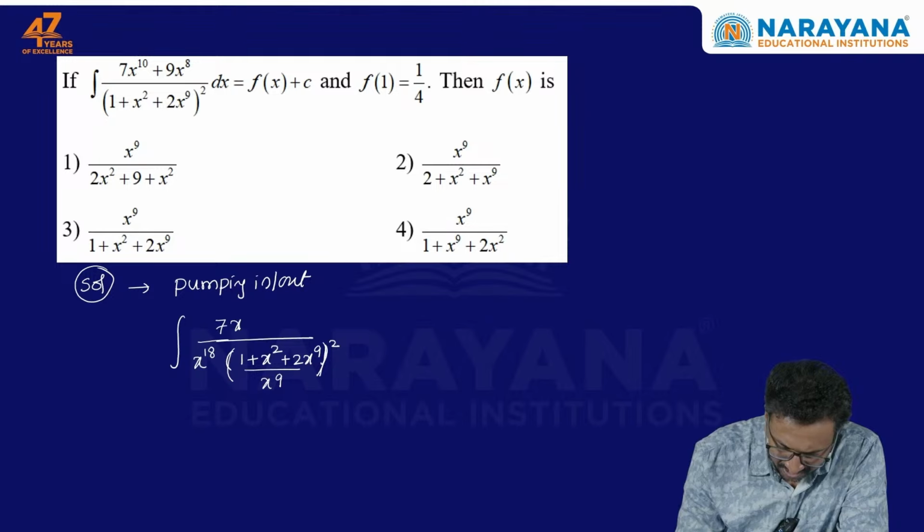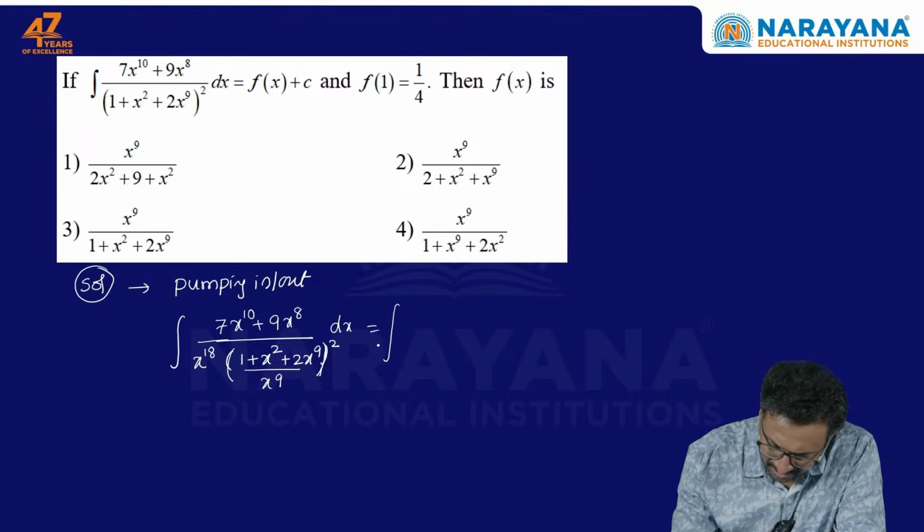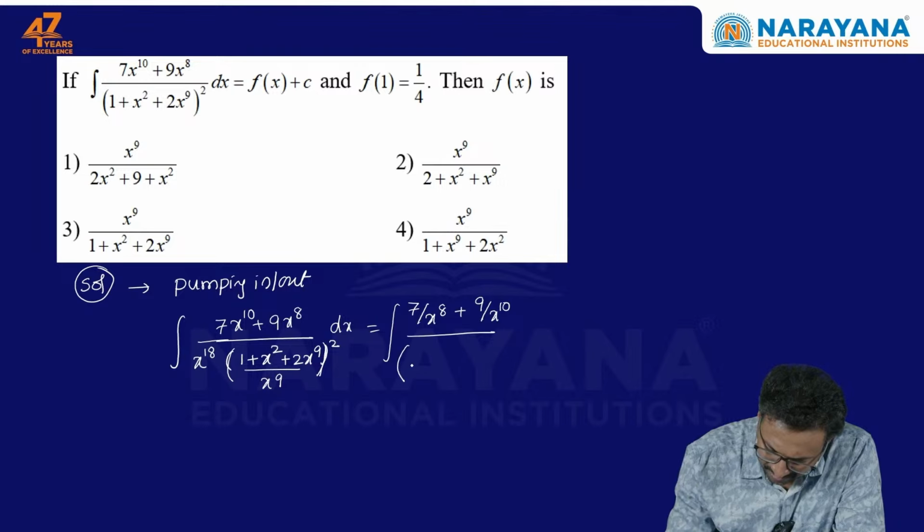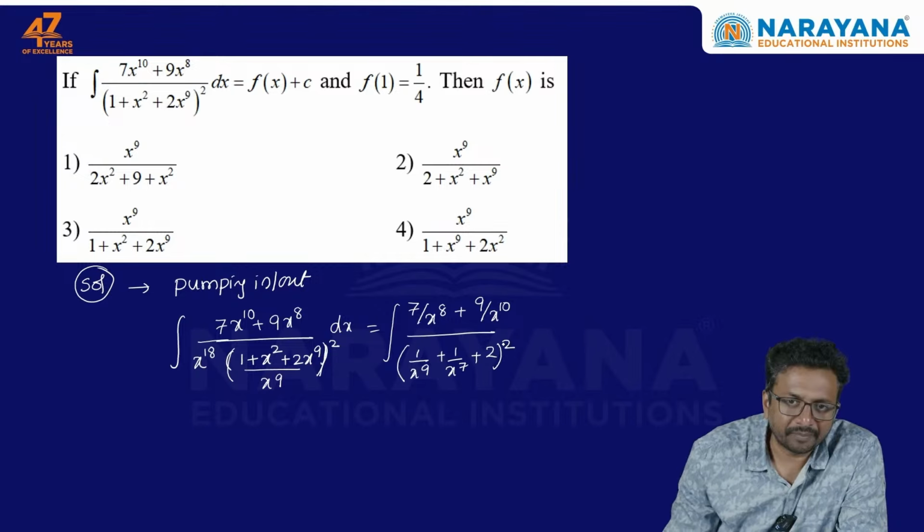So 7 x power 10 plus 9 x power 8 dx. So this will become integration of 7 by x power 8 plus 9 by x power 10 divided by, in the denominator you will have 1 by x power 9 plus 1 by x power 7 plus 2 whole square.